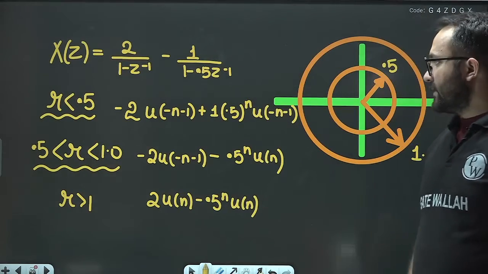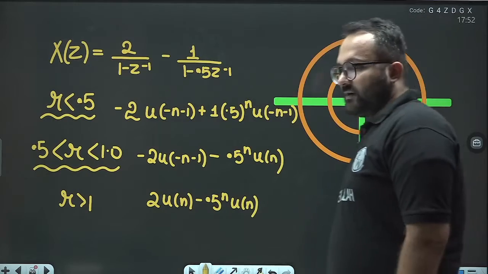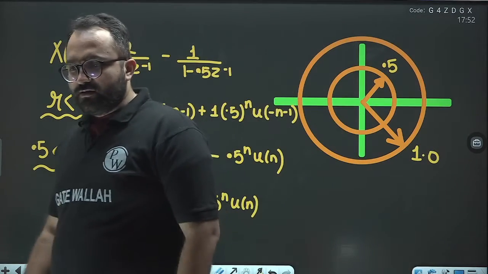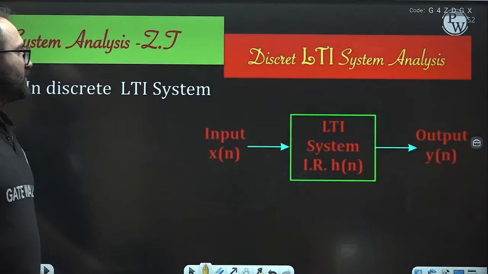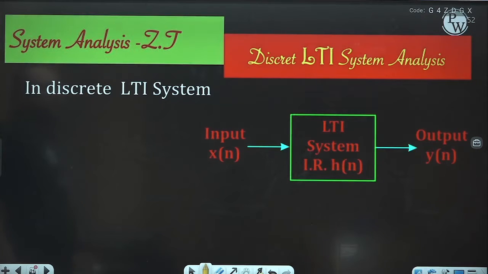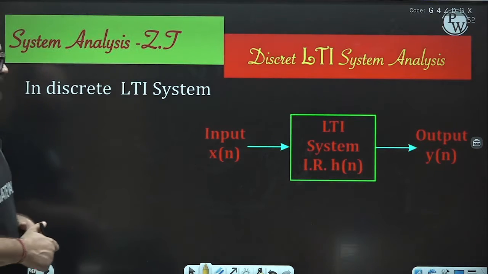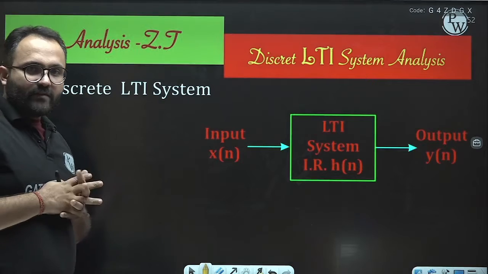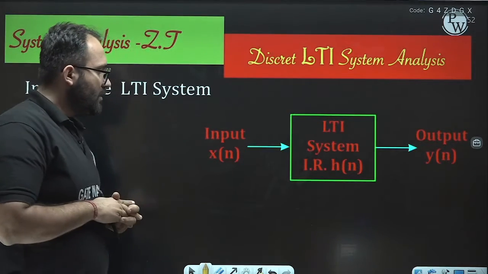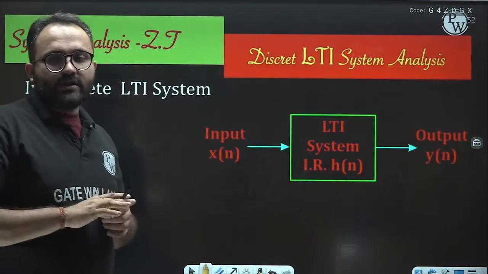Okay, great. Now let's move on and see some other properties or some discrete time signal analysis using the Z transform. So this is also very simple, exactly similar to that of the Laplace transform.